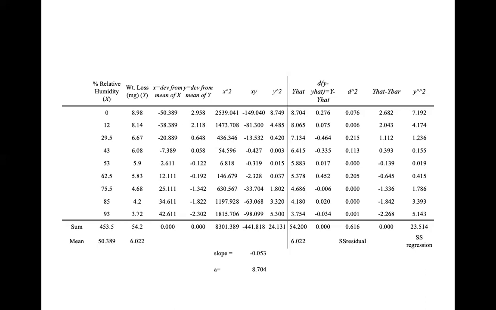It basically means that the regression line isn't describing a lot of the variation between the prediction and the mean, which means that the slope of this line is actually close to 0.